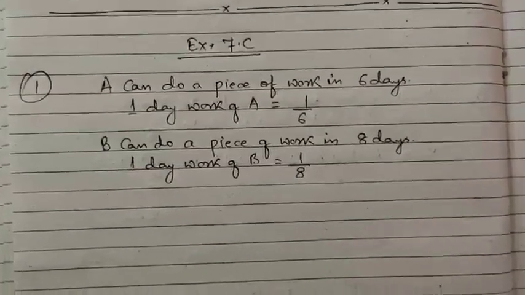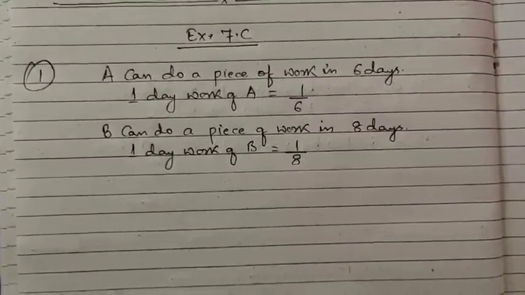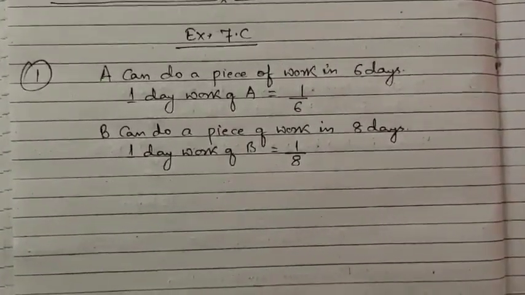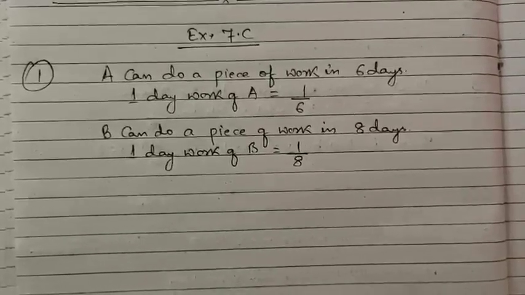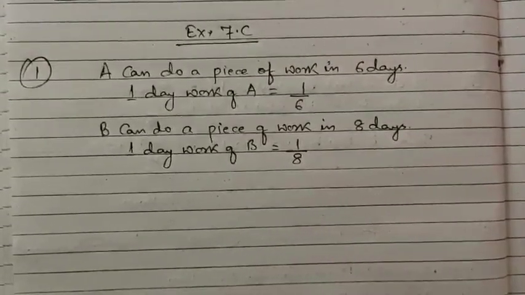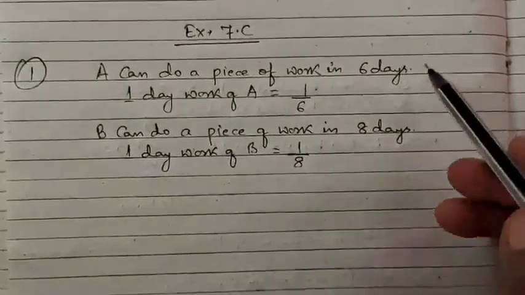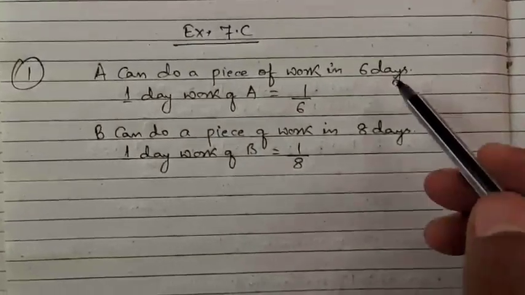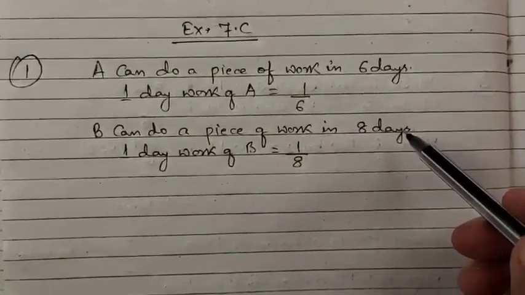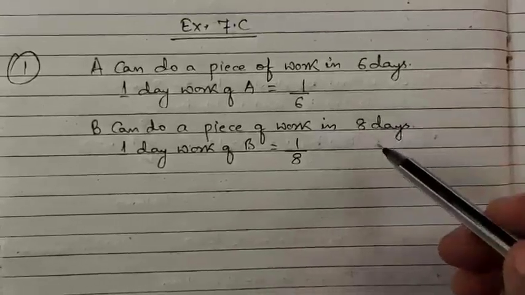Now the next line says, how long will they take to complete it together? How many days will they require to complete the work if they are working together? That means if both are working together, then the number of days will be less.